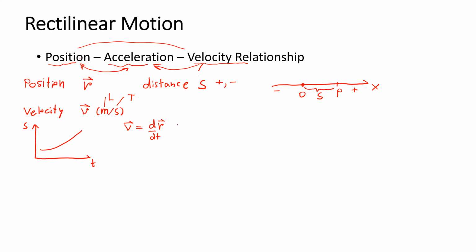Or in one dimension, it can be the time derivative of the distance. The distance is a vector, but it just has plus and minus to indicate the direction.